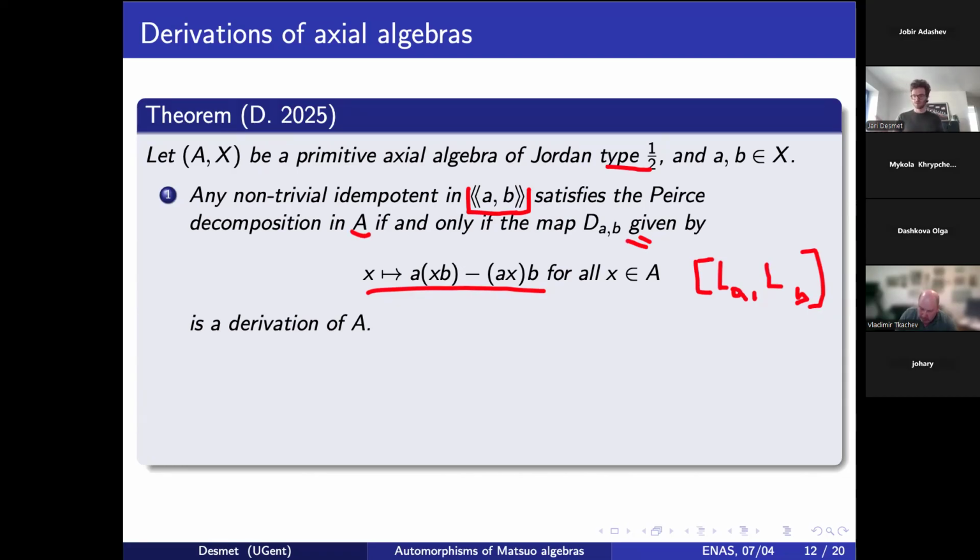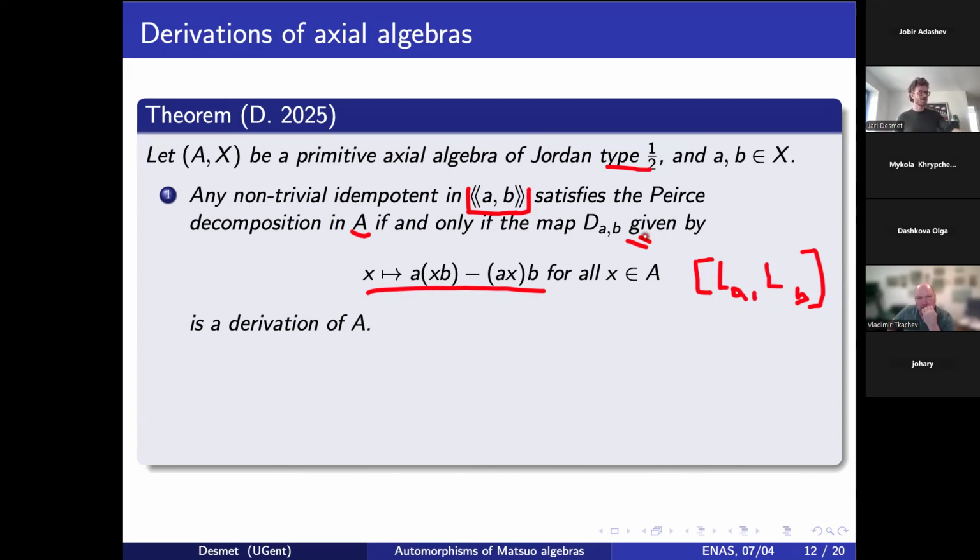That map D_AB is just taking the commutator of the left multiplication operator of A with the left multiplication operator of B. And of course, in the Jordan algebra case, any idempotent satisfies the Peirce decomposition. So this tells you that D_AB is always a derivation in the Jordan case, which you can also prove by brute forcing it from the Jordan identity.